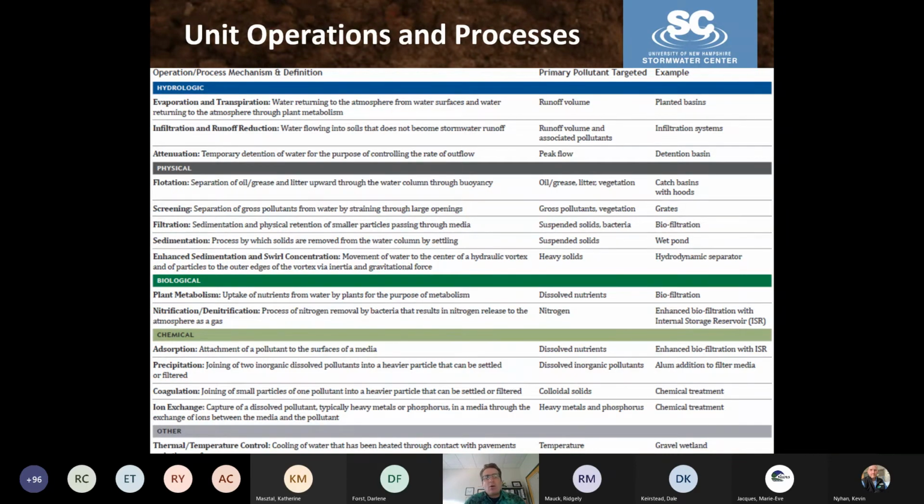I won't go over each of these unit operations and unit processes, but they're well documented. We didn't reinvent this either. This is in all the wastewater treatment handbooks, and it's also in some of the more advanced stormwater manuals, like the Minnesota manual out of the University of Minnesota. As you approach design, you work from the receiving water quality needs.